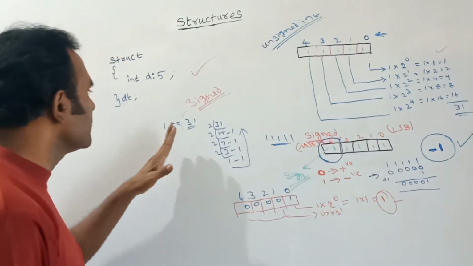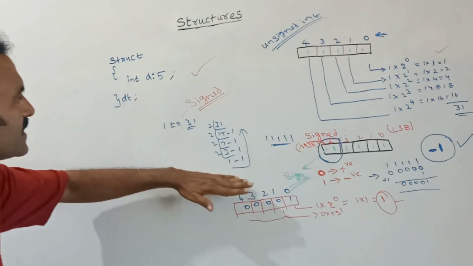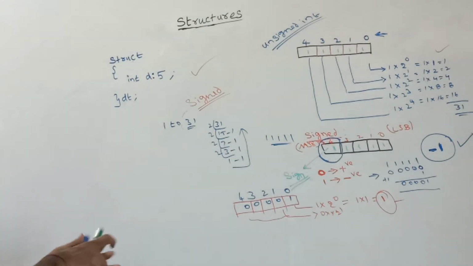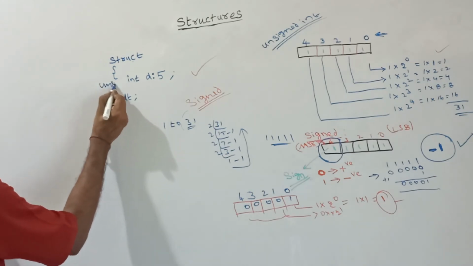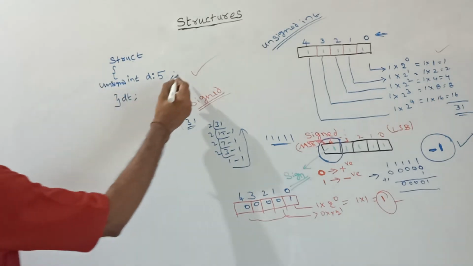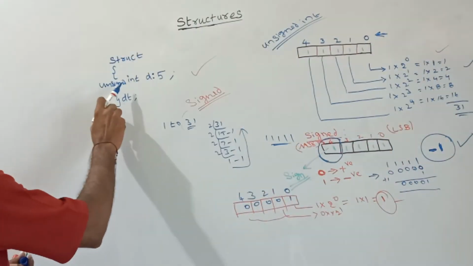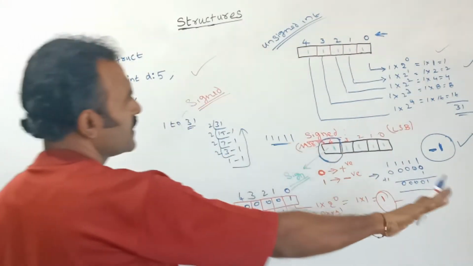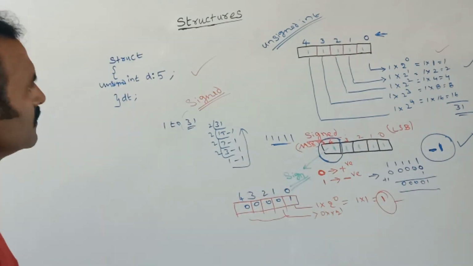See, suppose you are giving the date as 31, if it is 5 digits, then we can use unsigned integer. If you are using unsigned integer, then this one is right. The first thing is right. If you are using signed, then according to that bit, here we should align the memory.